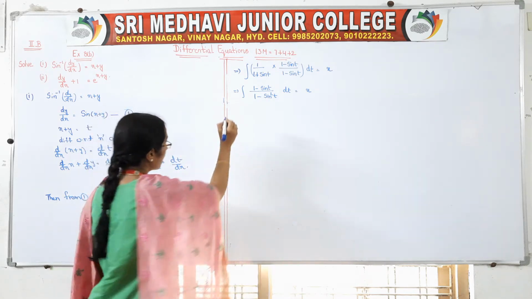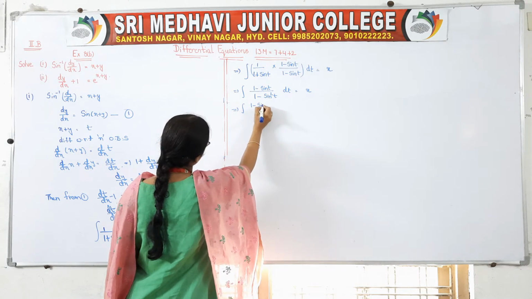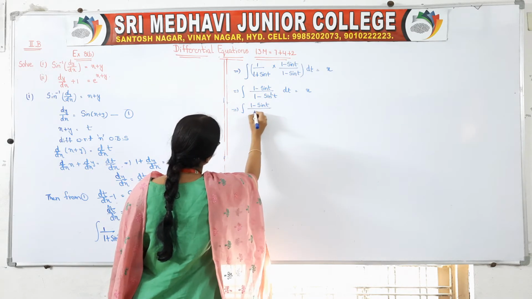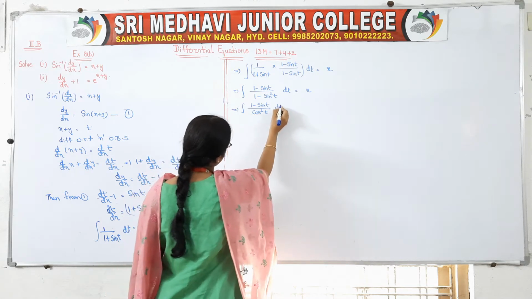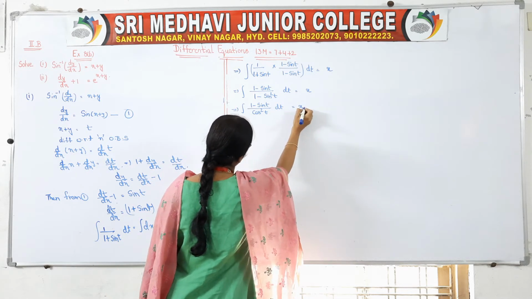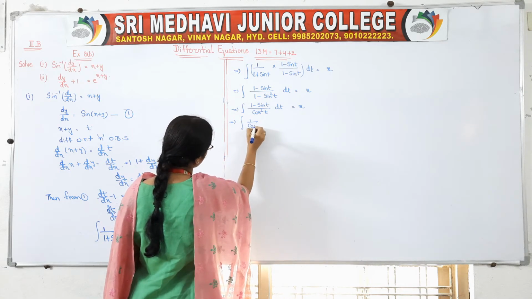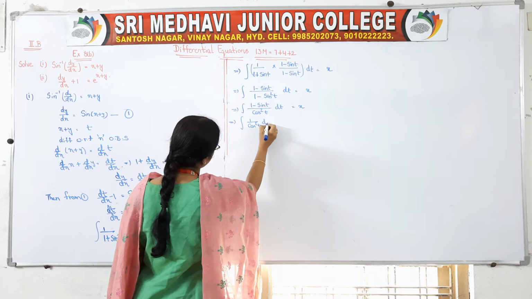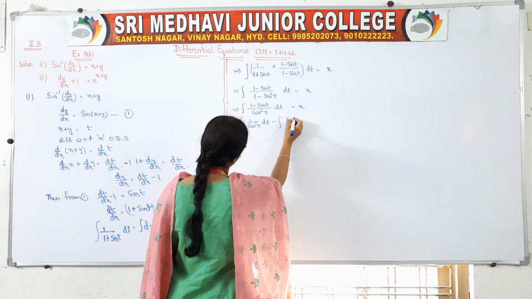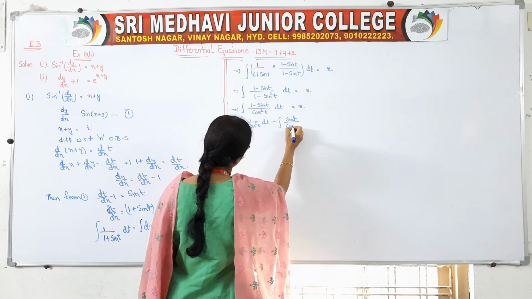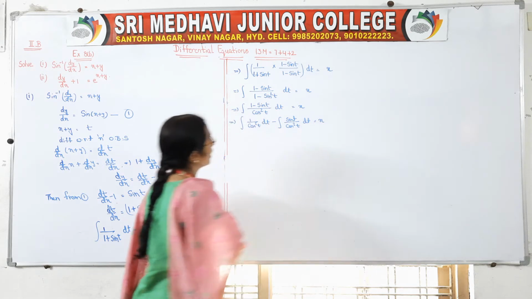And 1 minus sin square, by our trigonometry, what is 1 minus sin square? It is cos square. So 1 by cos square t dt is equal to x. Now write separately 1 by cos square t dt minus sin t by cos square t dt is equal to x.